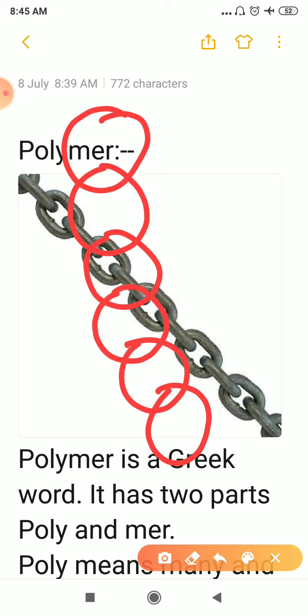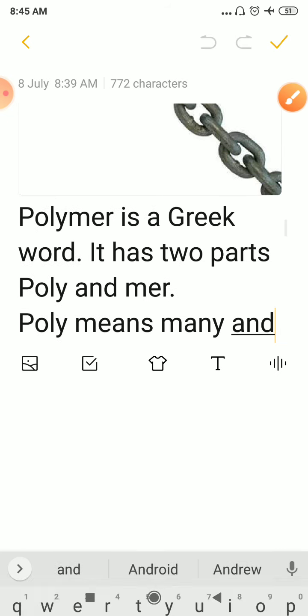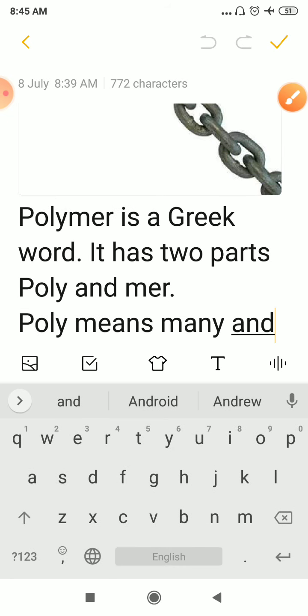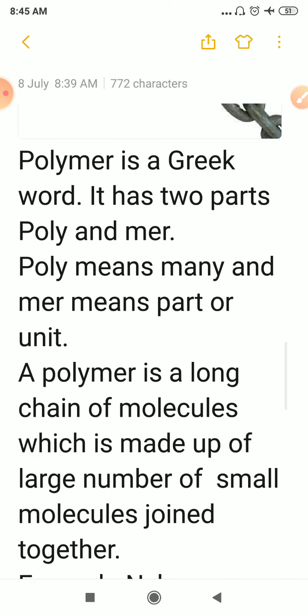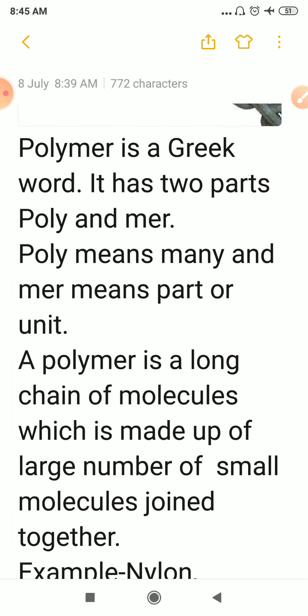Every single part is joined with the other single part, and we can obtain a long chain. Similarly, the synthetic fibers are prepared in factories.